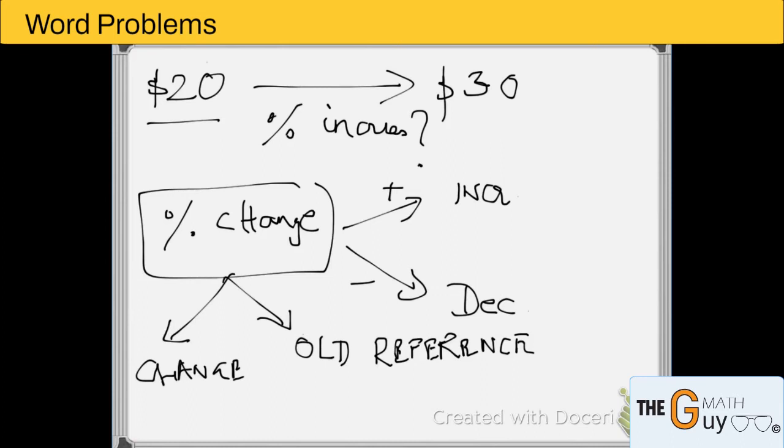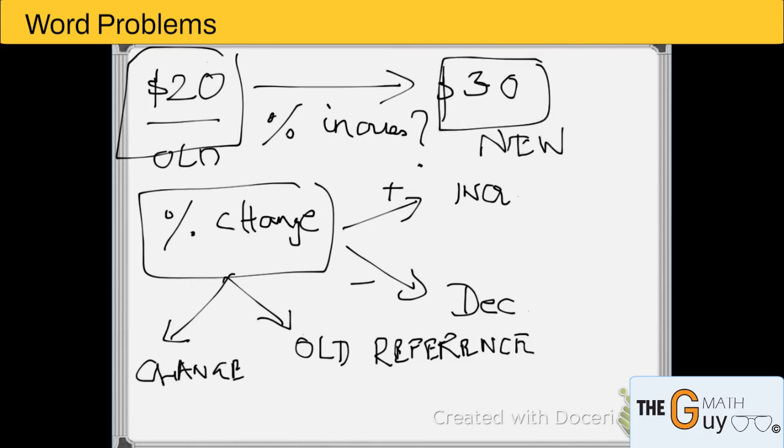In this case, the old quantity is $20 and the new is $30. So the change in this example is plus $10, because you're going from 20 to 30, and the old reference is 20.